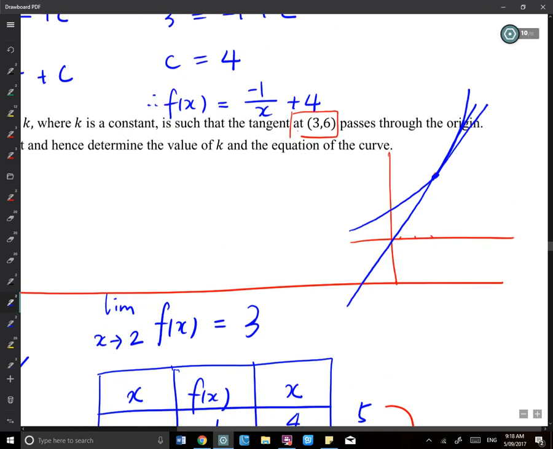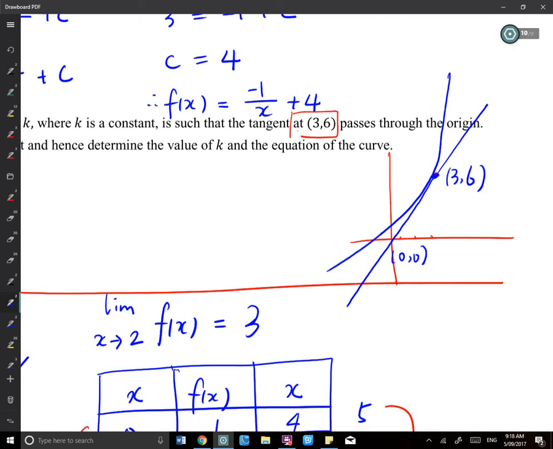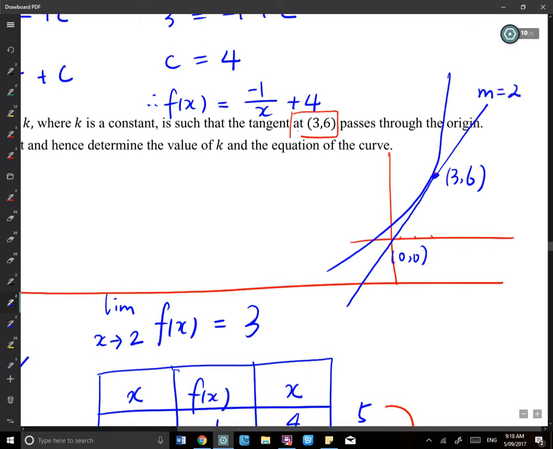So can you tell me what's the gradient of this tangent? That point is (3, 6), and you also know that it passes through (0, 0). What's the gradient? It's 6 minus 0 divided by 3 minus 0. The gradient equals 2.